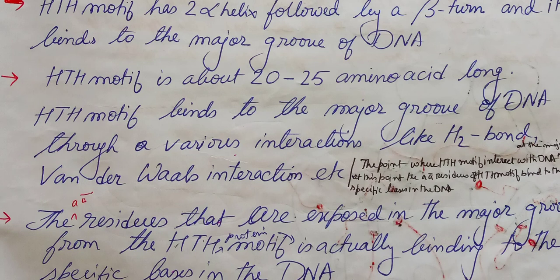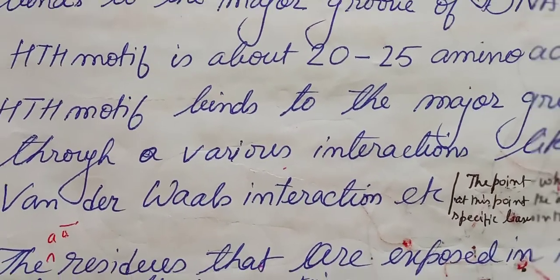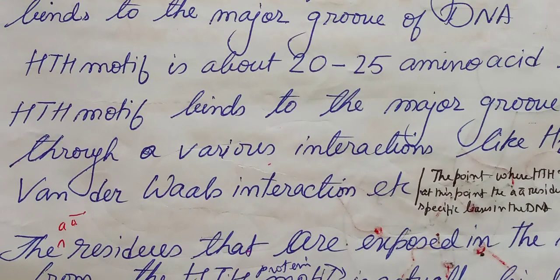The helix turn helix motif binds to the major groove of DNA as given in the earlier point, through various interactions like hydrogen bonds and van der Waals interactions, right? So it is saying that this helix turn helix motif is about 20 to 25 amino acids long.